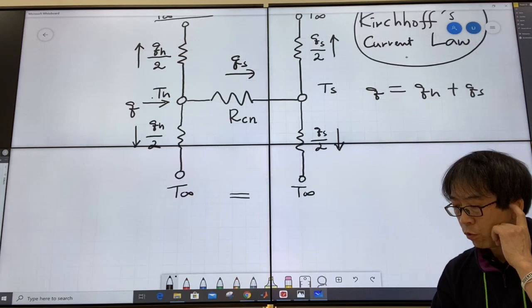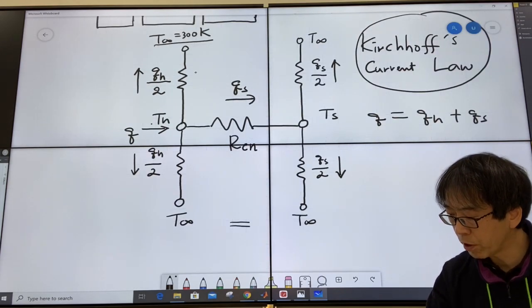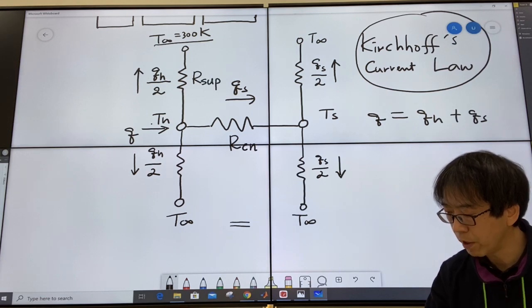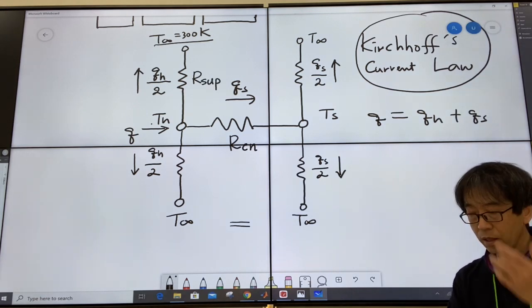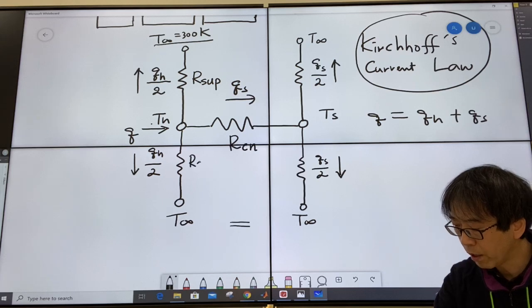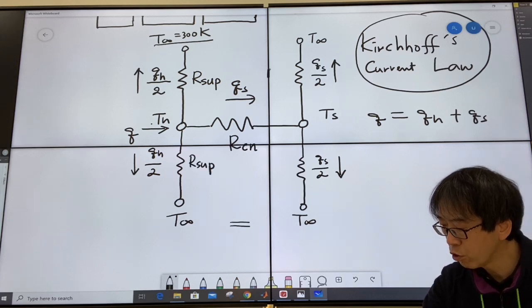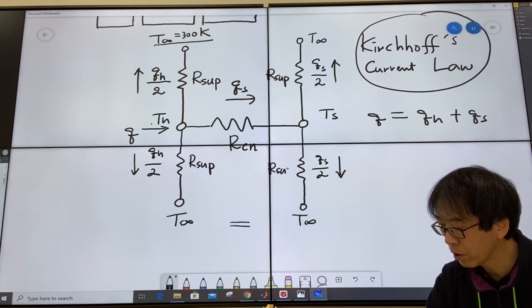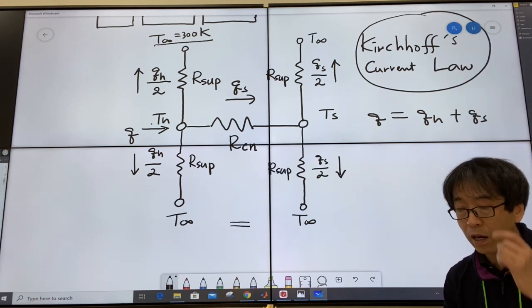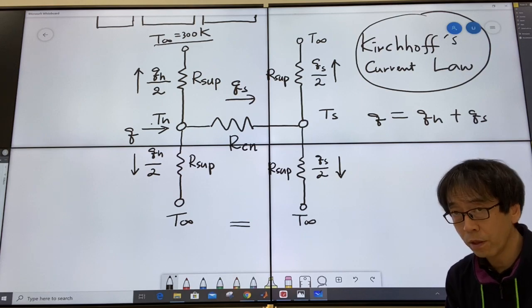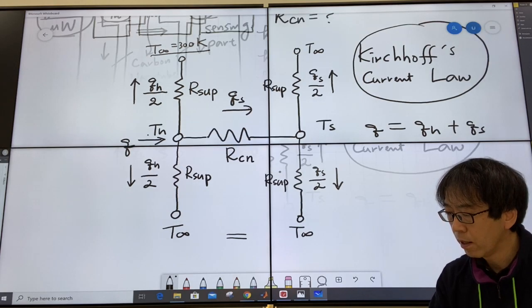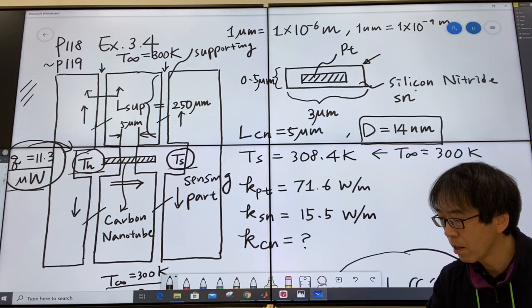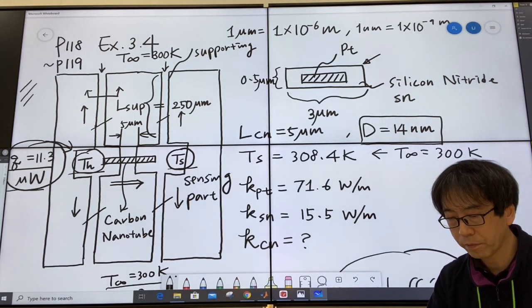So the thermal resistance of this upper part will be R, I would say SUP, for supporting element, and the other three supporting elements will share the same thermal resistance because they're identical structures, right? The thin beam with this composite structure, platinum and silicon nitride composite.